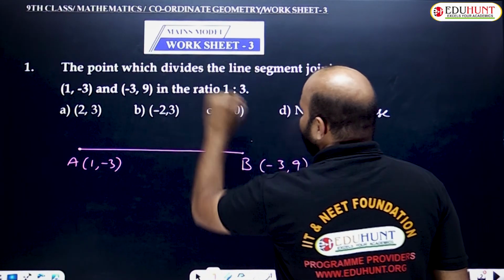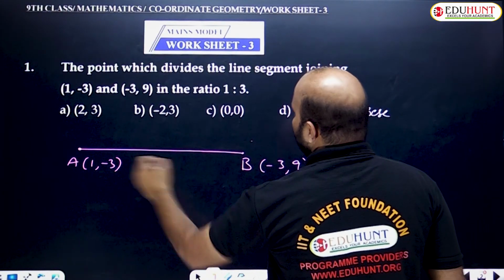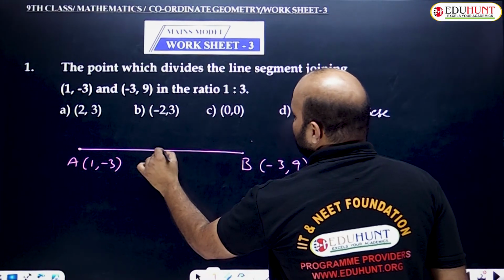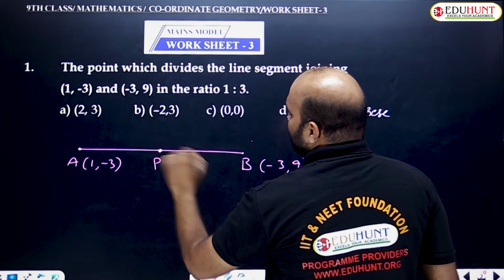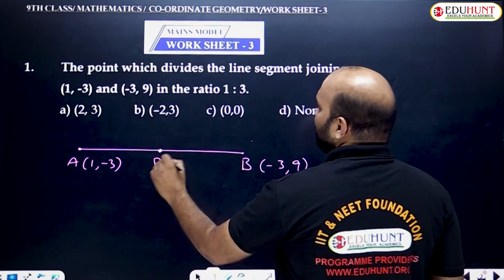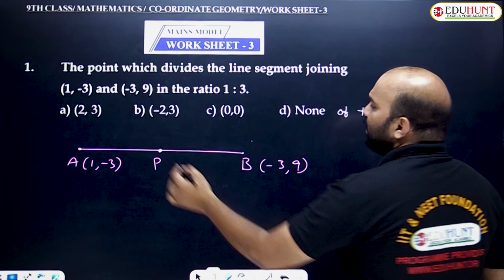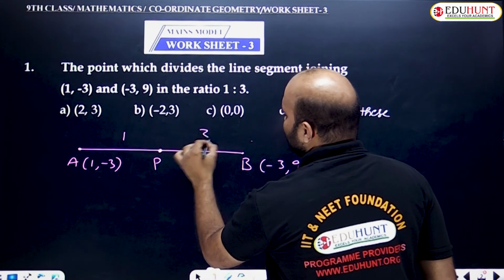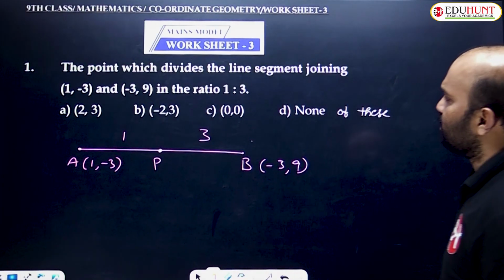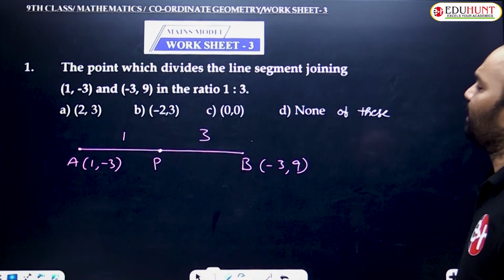A point which divides the line segment will be considered as P. Point P divides AB in the ratio already given, 1:3.